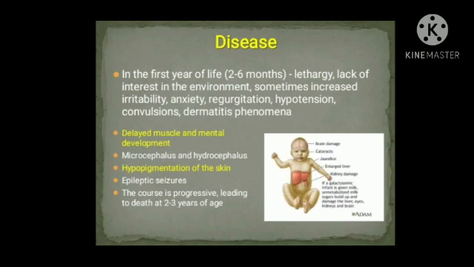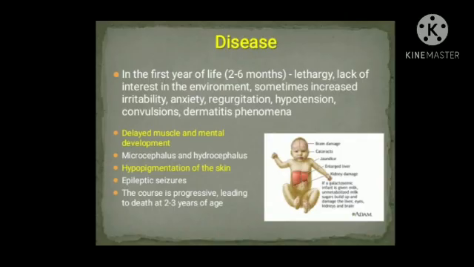There will be lethargy, lack of interest in the environment, sometimes increased irritability, regurgitation, hypotension, convulsions, dermatitis phenomena. Then delayed muscle and mental development, microcephaly and hydrocephalus, hypopigmentation of the skin, epileptic cases.